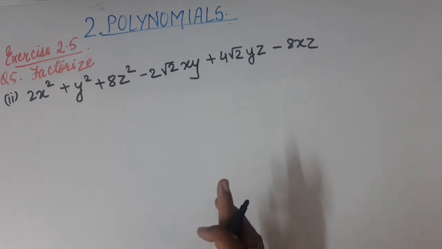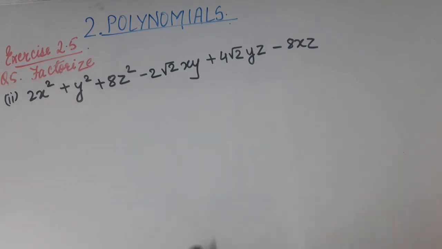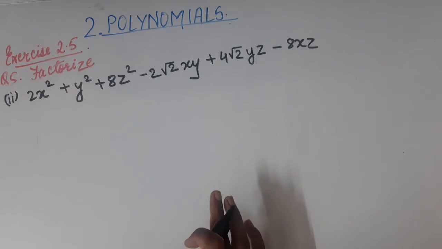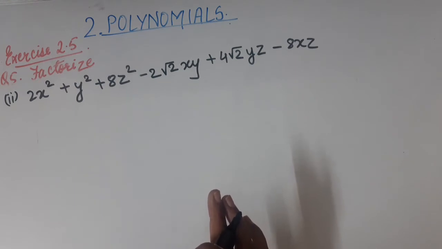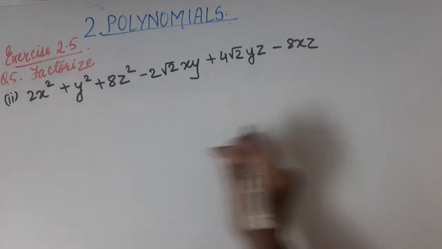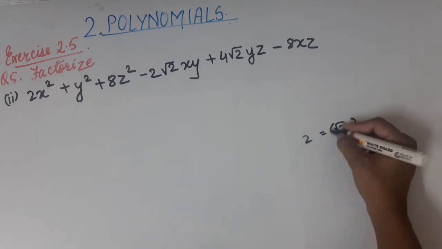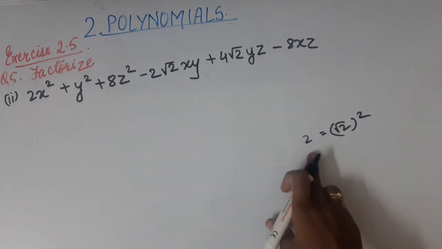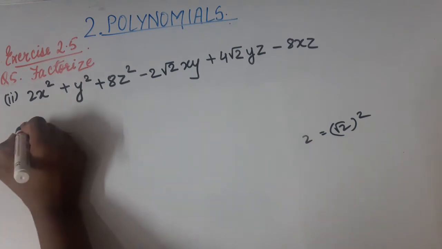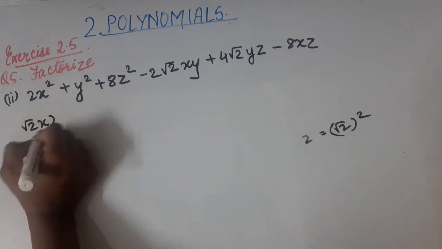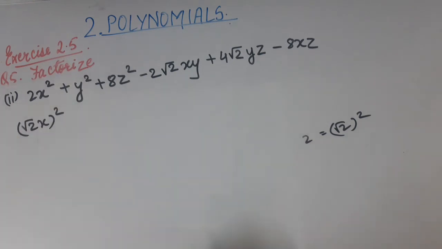See, the first 3 terms are not perfect squares, but we can write them in the form a square plus b square plus c square. How? See this 2x square: 2 is the perfect square of root 2, since root 2 into root 2 gives 2. So I can write 2x square as root 2 into x whole square.